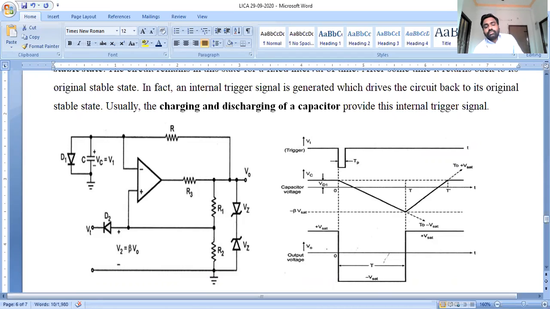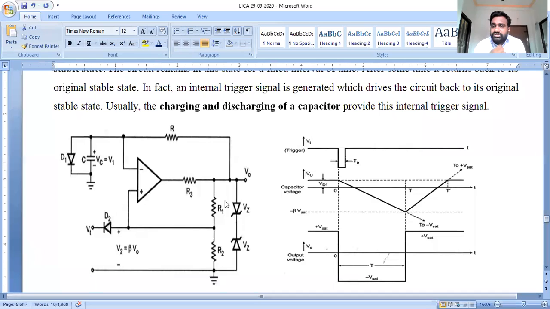So the negative shot is applied with the help of this external triggering mechanism.